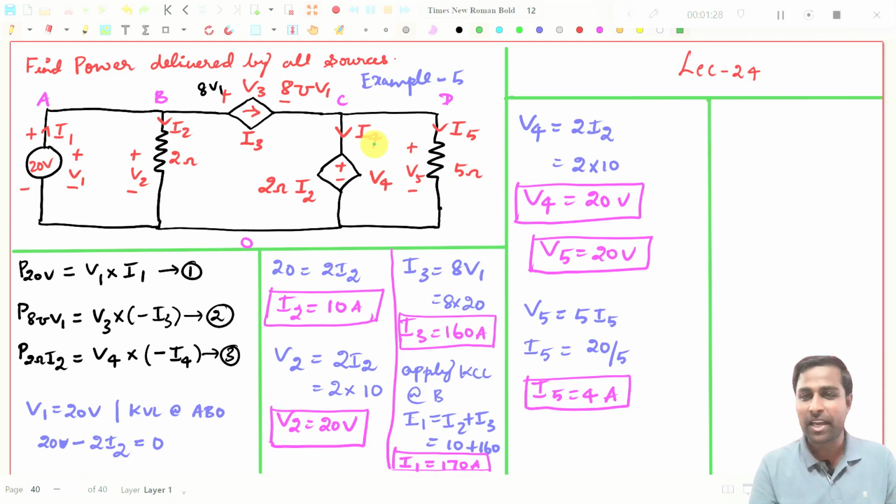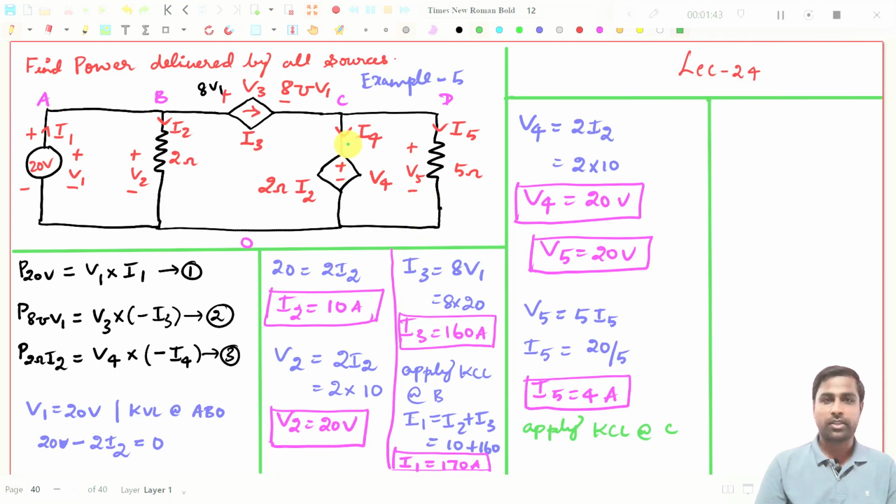Since I know what is I3 and I5, I can easily find I4. See, I will write here, apply KCL at node C, right? At node C, I3 is coming in, I4 is going away, I5 is going away. So I3 should be equal to I4 plus I5.